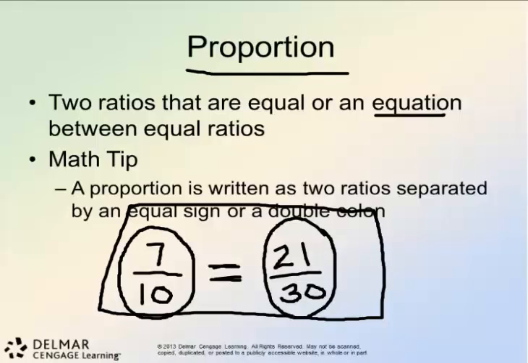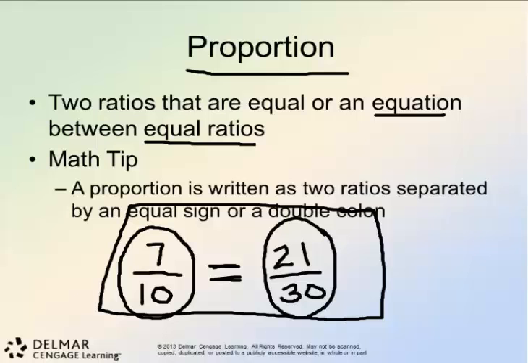So it's an equation or an equality between two equal ratios. And you notice 7/10 is equal to 21 over 30, because you could just multiply the first fraction by 3 over 3, and you would get the second fraction. There are other ways that we're going to talk about to show that they are equal as well.